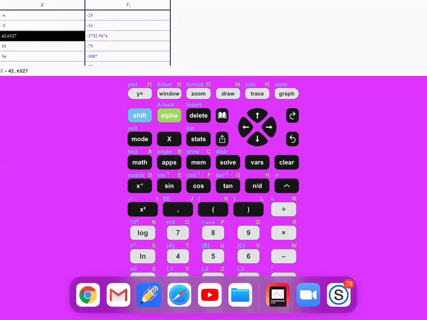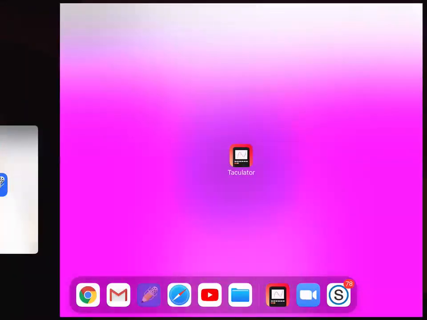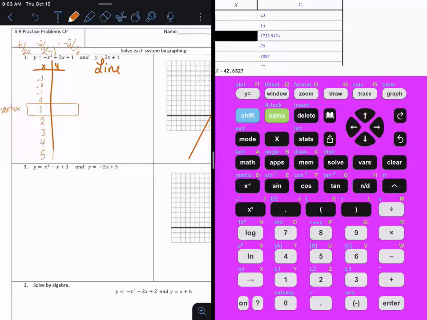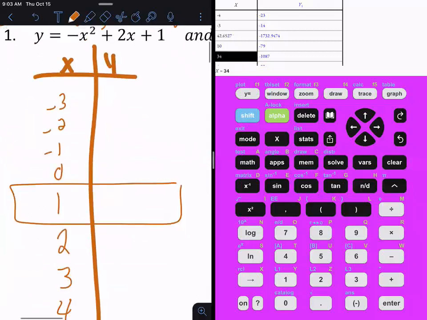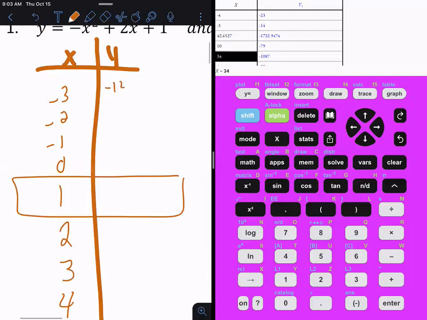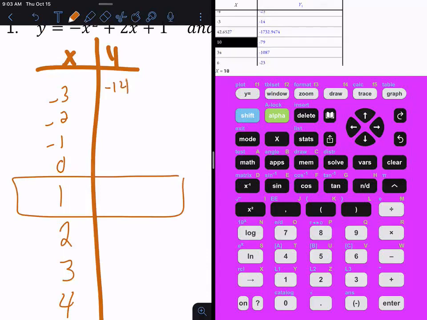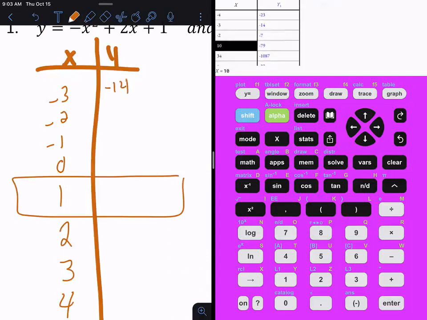Let's screen share here. Okay, so what did -3 give me? -14. If you don't know how to do this, I mean this as kindly as I can, you will not pass your test. -7. So if you don't know how, please ask. -2.